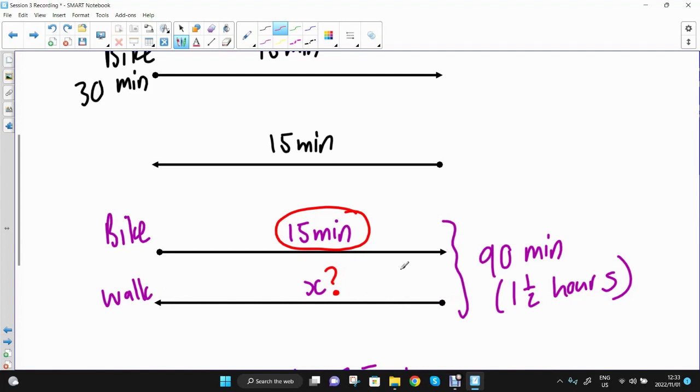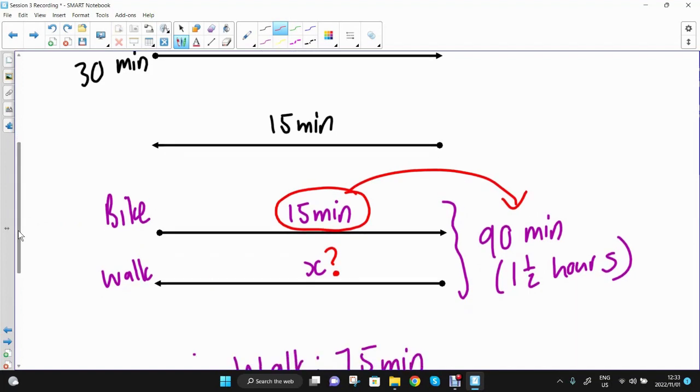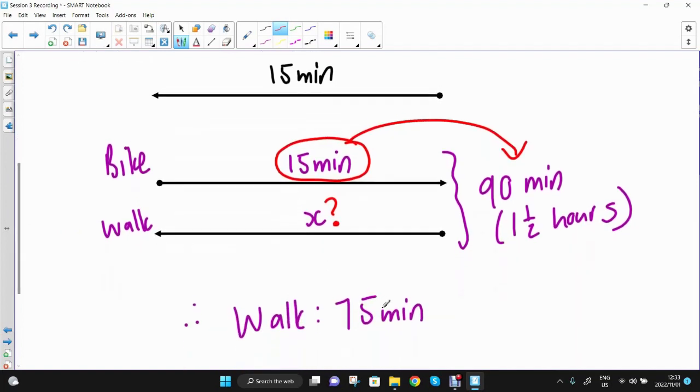Well, that's easy, because if the whole round trip took me 90 minutes, and 15 minutes of that I used the bike, then I just subtract that from 90 to get to the amount of minutes that I walked. And this is if you are walking one way. So walking one way is going to give you 75 minutes.